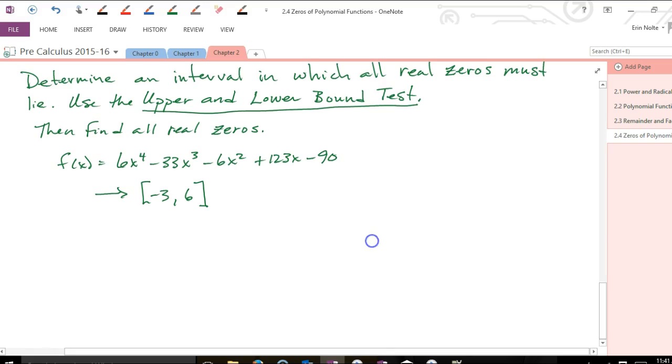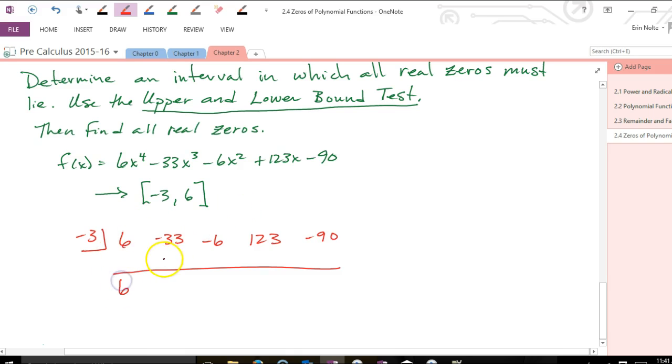So we're going to do synthetic division with the lower bound, the -3. Let's see if you can see what happens. So I have 6, -33, -6, 123, -90. There's going to be a pattern that emerges, so see if you notice what it is. So I drop the 6. What's 6 times -3? -18. So then what's -33 plus -18? -51.